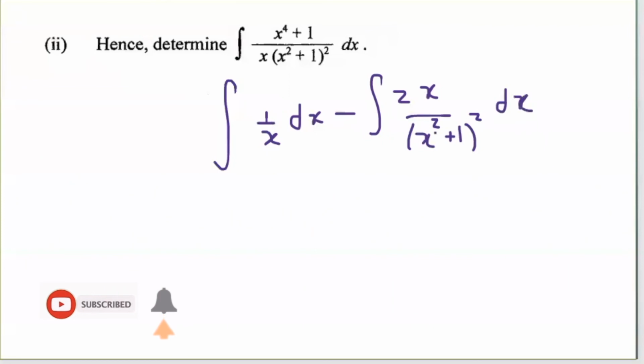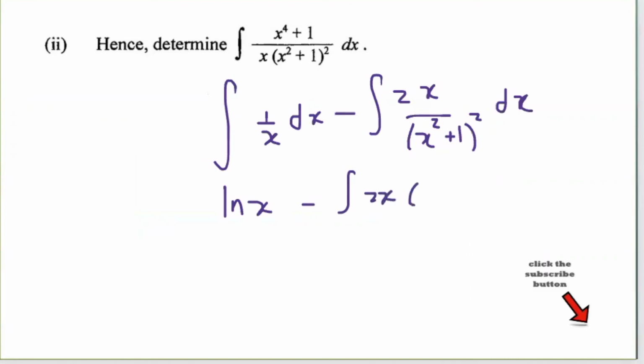Now, the integral of 1 over x is ln x. Now, we are going to integrate this fraction. What we're going to do is carry the x squared plus 1 raised to the power 2 up to the numerator, so the sign will change, so it will become minus 2.